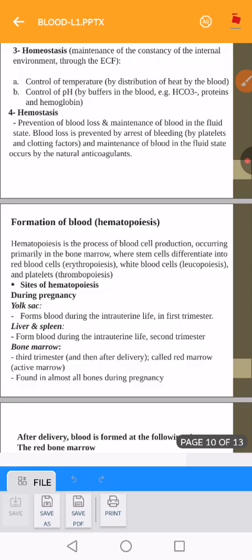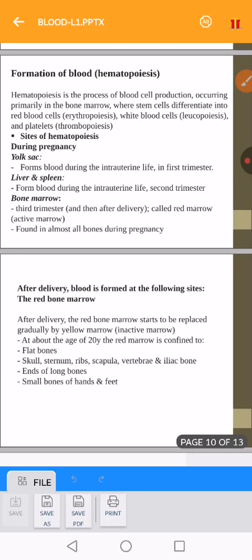But after the fetus is delivered, some red bone marrow is converted to yellow bone marrow. So after delivery, the blood is formed at the following site, the red bone marrow. Where is that red bone marrow? After delivery, the red bone marrow starts to be gradually replaced by yellow, inactive marrow.